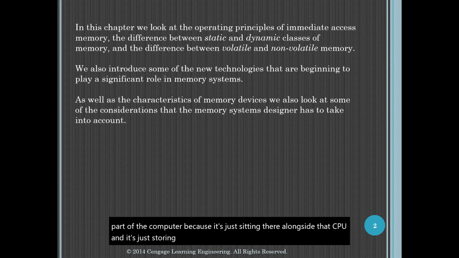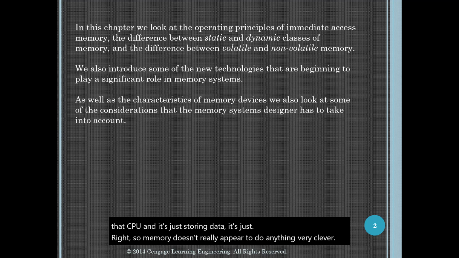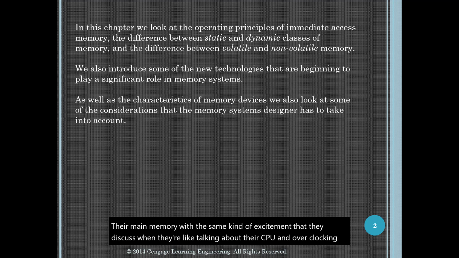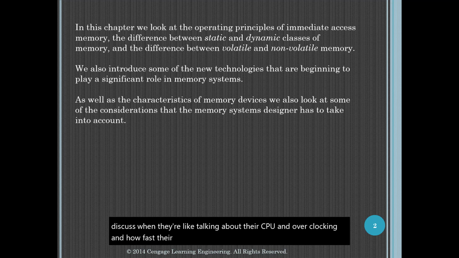Memory doesn't really appear to do anything very clever. And you'll never really hear people talking about their main memory with the same kind of excitement that they discuss their CPU and overclocking and how fast their computer goes. But I mean, it's necessary, right?